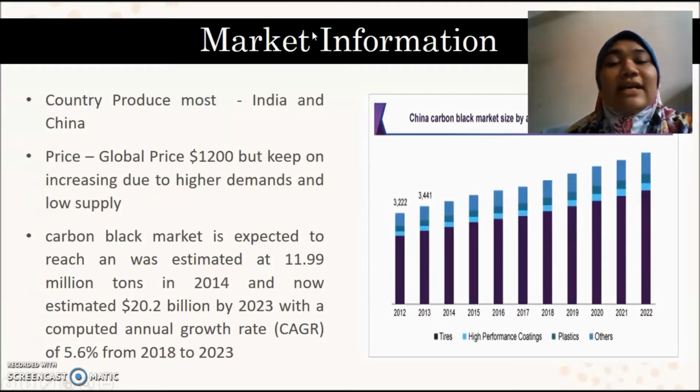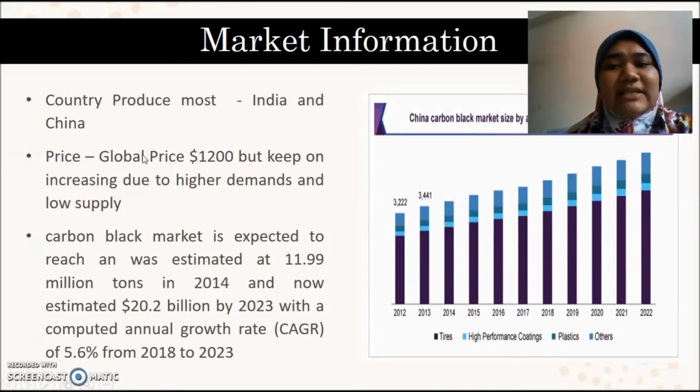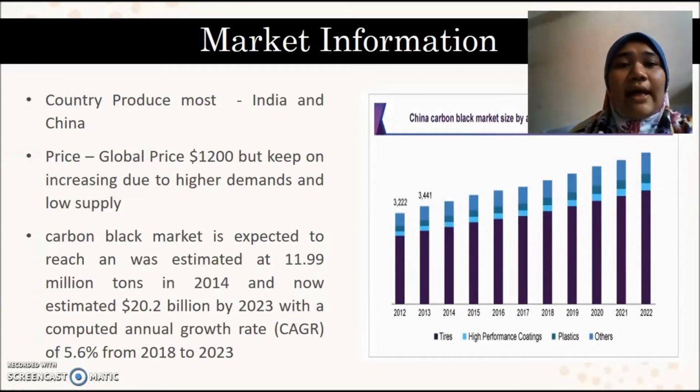So we're moving on to the last part, which is market information for carbon black. We should know that the countries that produce the most carbon black are India and China. The global price for carbon black is usually $1,200, but it keeps on increasing due to higher demand and low supply.